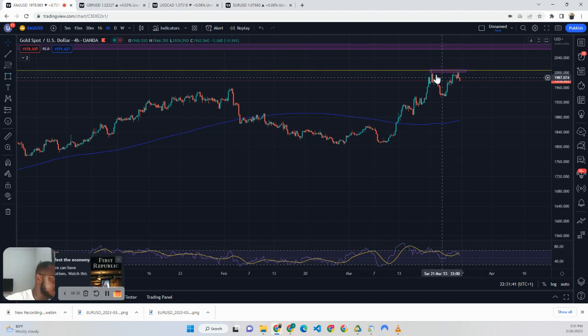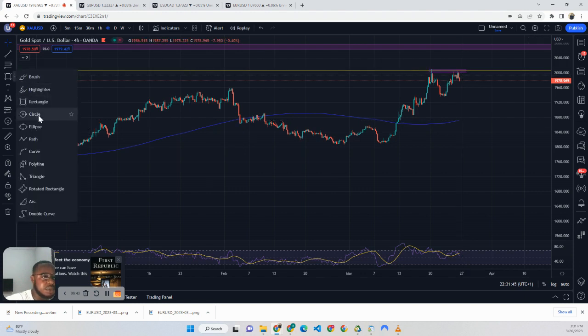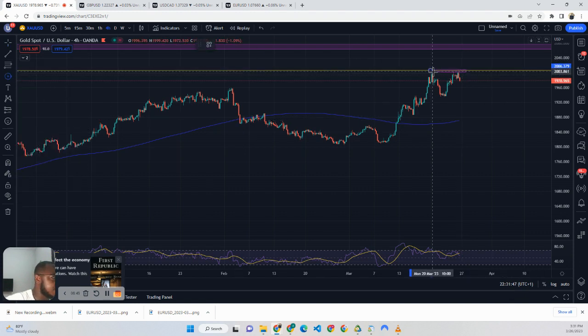Some can call it a double top, whatever you call it, but this is an equal high. This is an equal top, which shows a bearish formation, telling you that this market is at the verge of selling this very week.